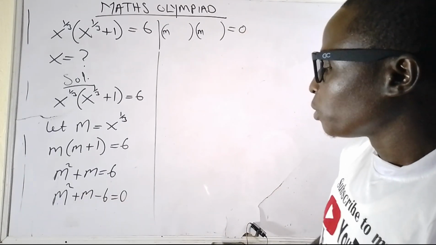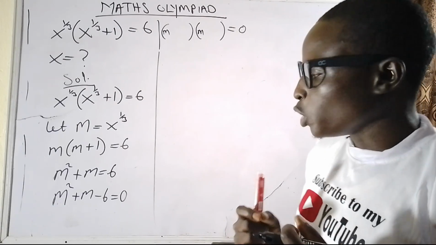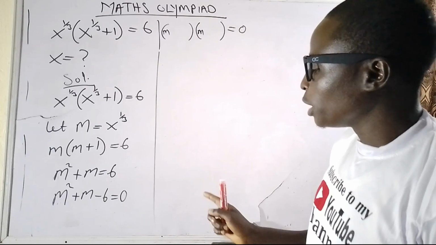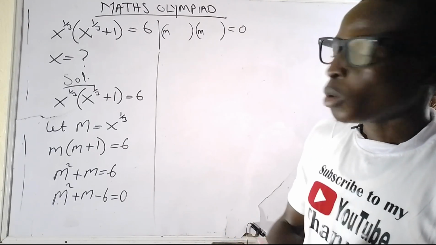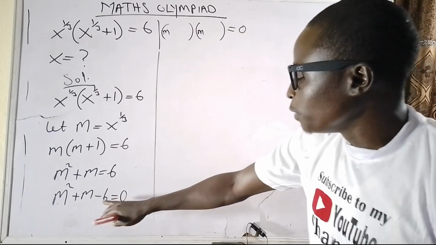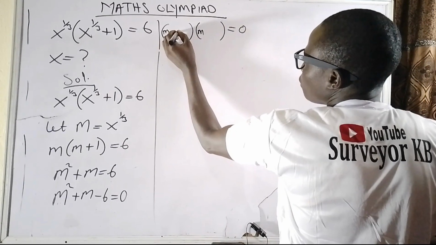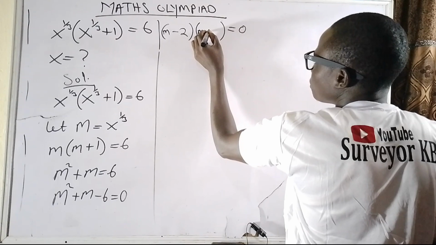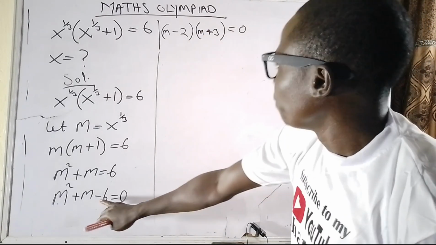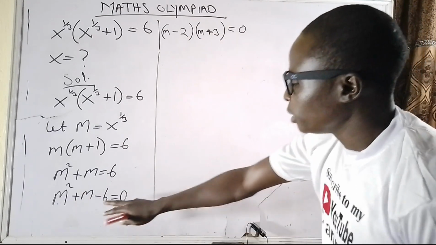These numbers are 2 and 3, and the signs to be specific are -2 and +3, because -2 plus 3 is +1, and -2 times +3 is -6. So I have -2 and +3.